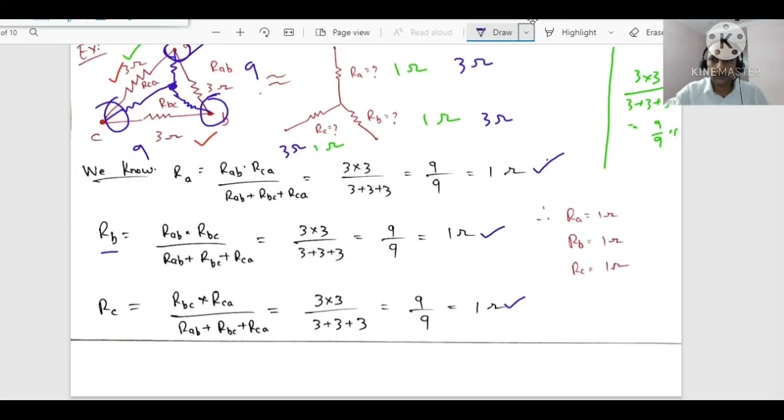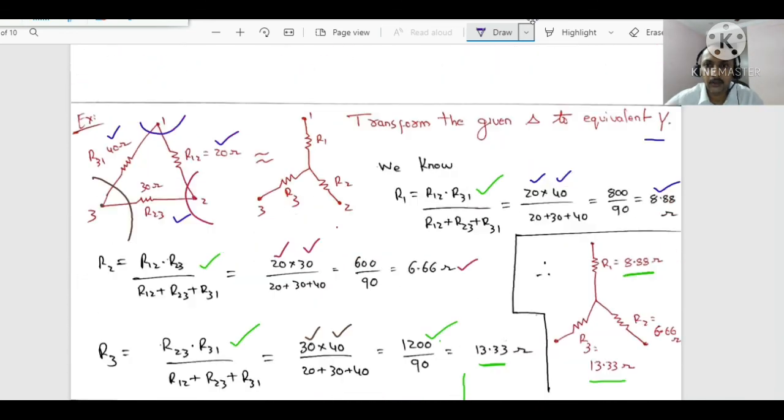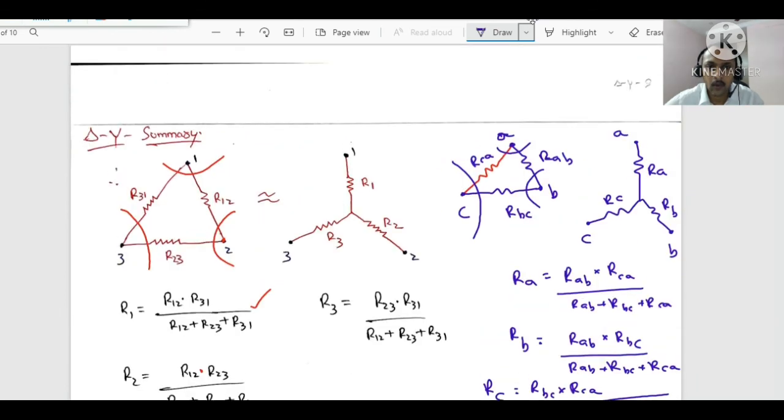So dear students, this derivation is important, and these problems are important. Either you can follow 1 2 3 notation or ABC notation, or some people will follow R Y B notation. That is also okay. But whatever the notation, remember how to transform the delta to the star.